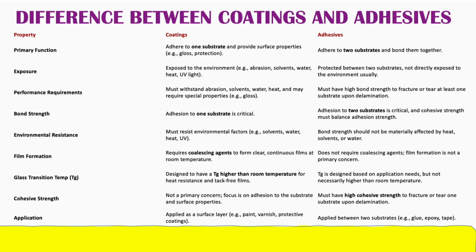The coating then requires a coalescing agent so that it can form clear, continuous films. But adhesives form films at room temperature without the need of any coalescing agent. So we can select a soft, flexible polymer film for an adhesive, which should be thermoplastic.